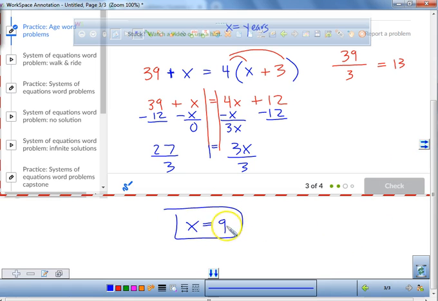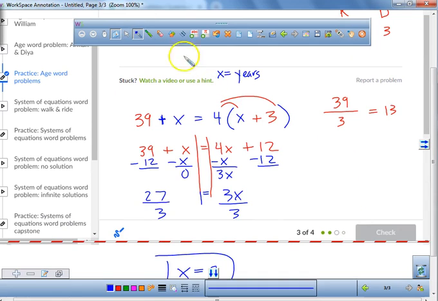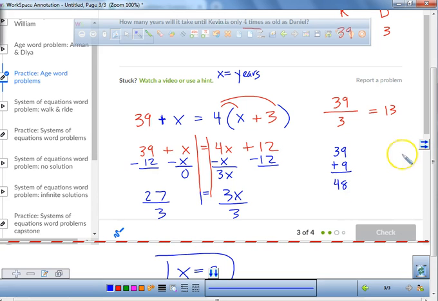Well, let's see if that works. If we add 9 years to good old Kevin, and he is at 39, what's he now? Is that 48? If we take young Daniel, he's at a 3. We add 9 years, what's he at now? He's at a 12.